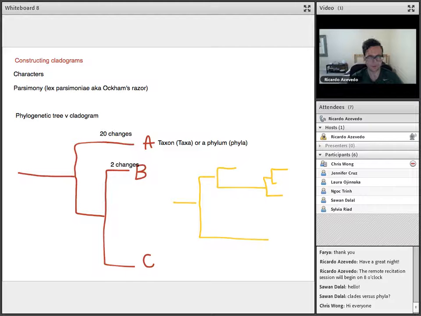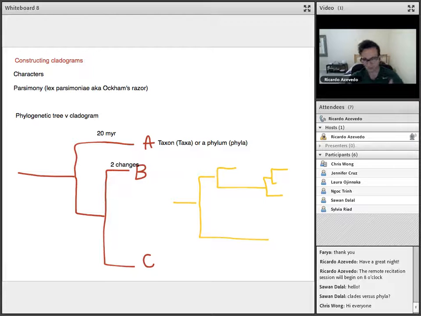So that's a different story. You can also have trees where the changes are actually years. So it's like 20 million years. So the branches are drawn so they would reflect the number of years. So that's a chronogram. Chrono means time, and gram just graph or tree.